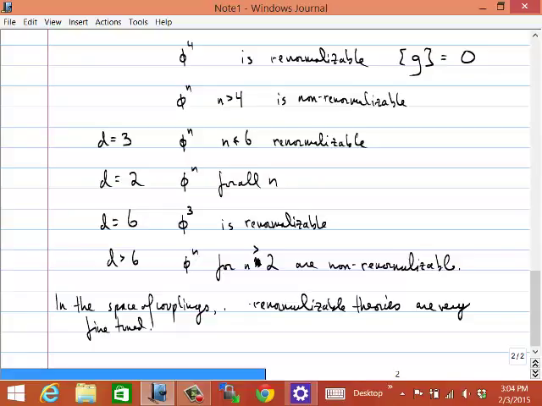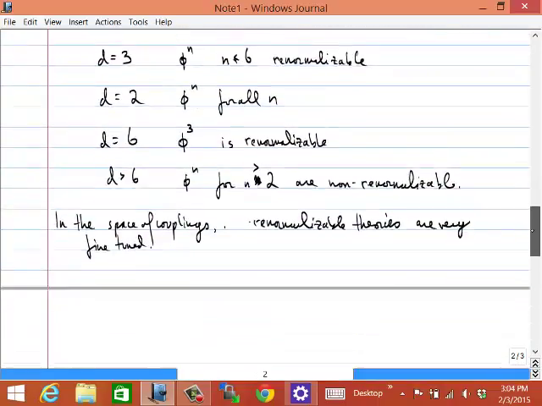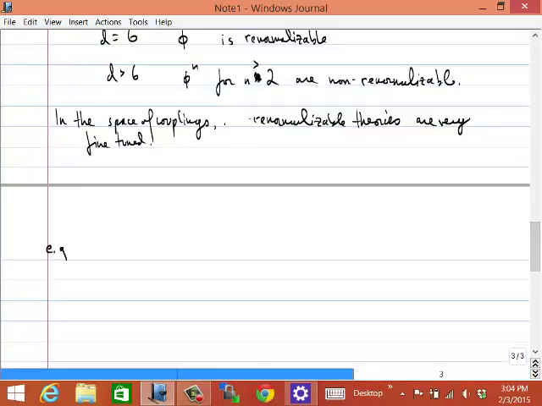Okay. It might be worth doing the example of phi 4 theory in 4 dimensions just to remind you of how it works. It'll just take a few minutes. So, for example, if you have phi to the 4 theory in 4 dimensions, then we saw that this is a renormalizable theory.